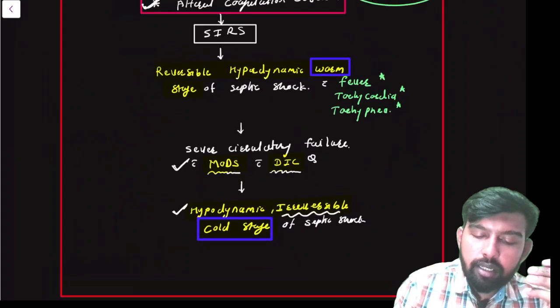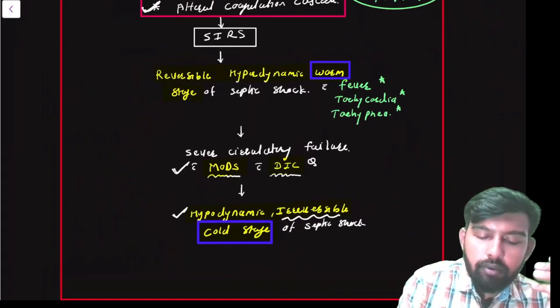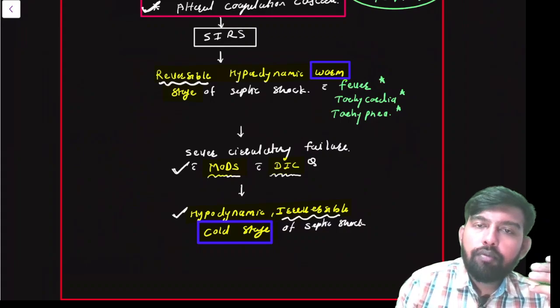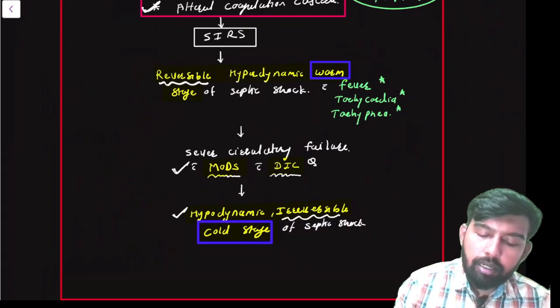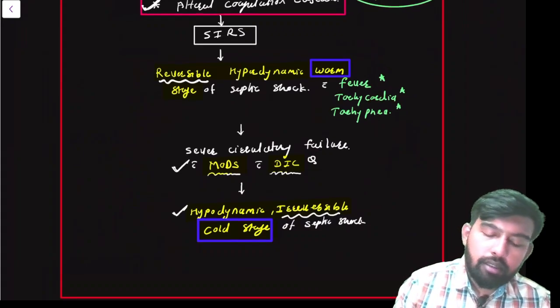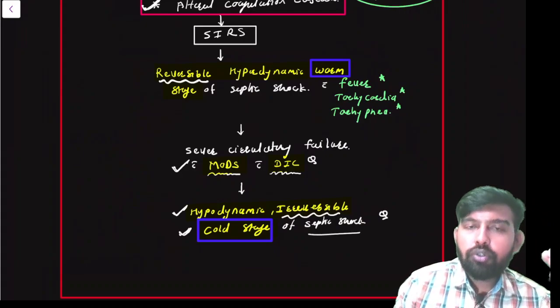So up to SIRS, it is a reversible stage of shock. After multi-organ dysfunction syndrome and DIC, the shock becomes irreversible, and this is the cold stage of septic shock.